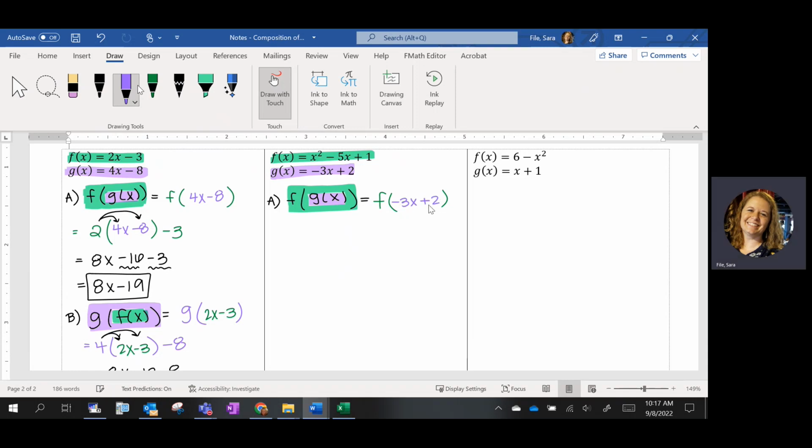That's going to replace all of these x's in the f function. So that is going to be parentheses squared instead of x squared, minus 5 times parentheses, plus 1. And in both of those places where the x was, I'm putting negative 3x plus 2.